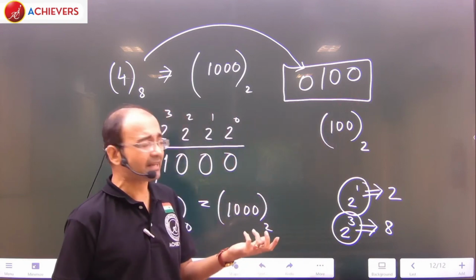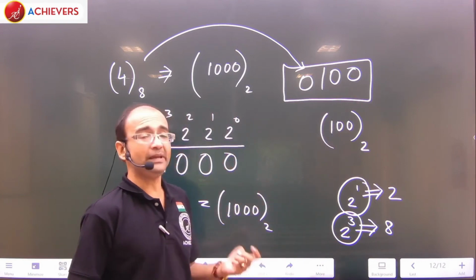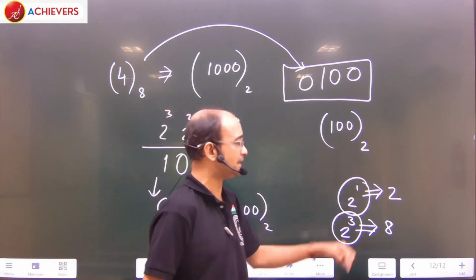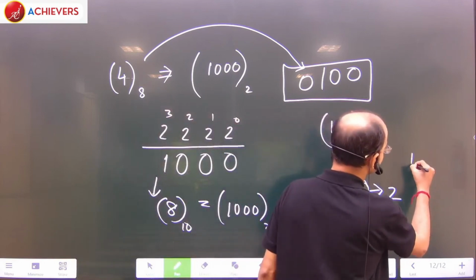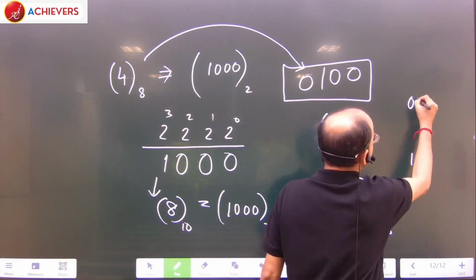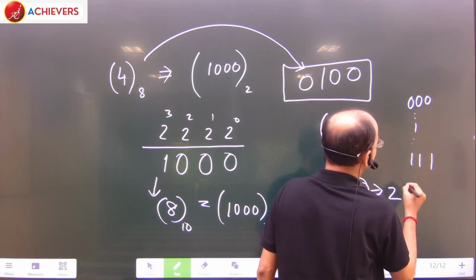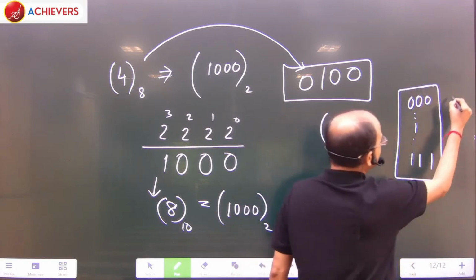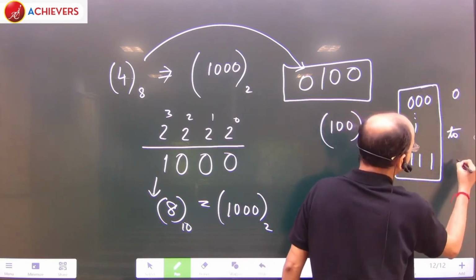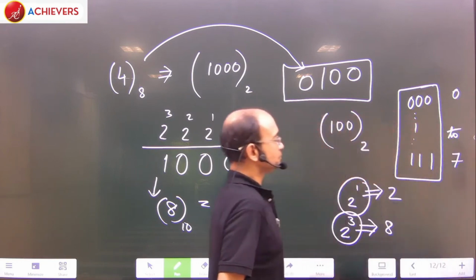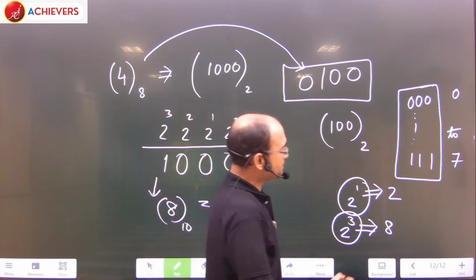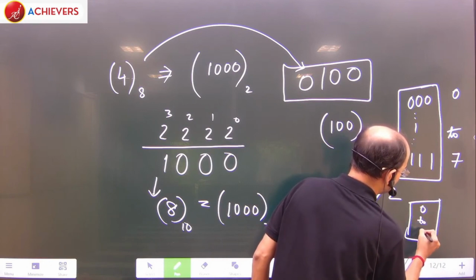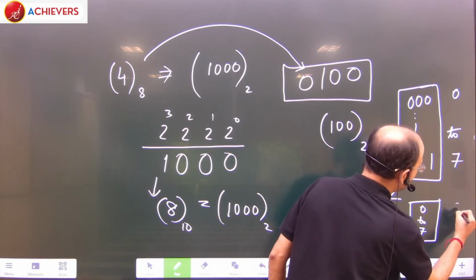So for depicting 0 to 7, we need at least 3 bits in binary. 000 to 111 represents 0 to 7 in binary, which can be implemented in octal with only one single digit.